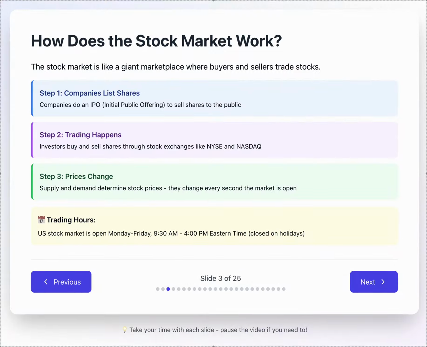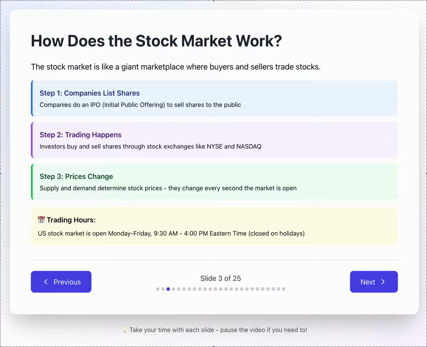So, now you might be wondering, how does this whole stock market thing actually work? Think of the stock market like a giant marketplace, kind of like eBay or a farmer's market, but instead of buying vegetables or electronics, people are buying and selling pieces of companies.